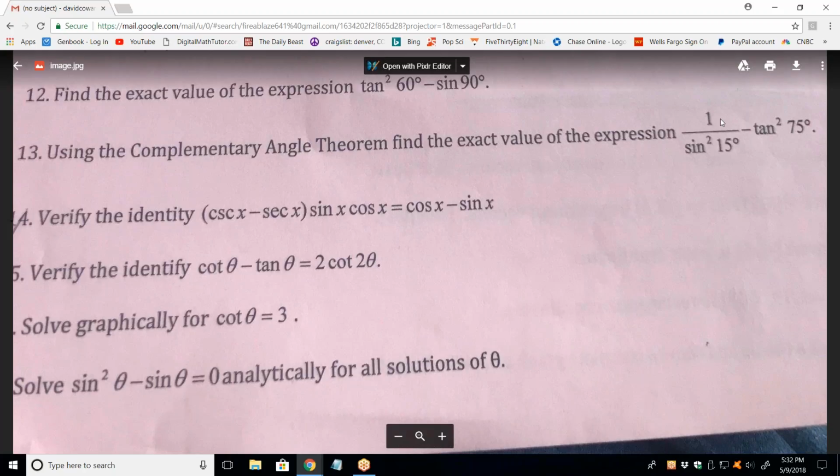And like I said, as long as it's 75 degrees or 17 degrees or 12 degrees, doesn't matter. Secant squared of theta minus tangent squared of theta is always equal to plus 1. Does not matter what theta is. In the same way that the cosine squared of theta plus sine squared of theta is equal to plus 1. Always, no matter what theta is.